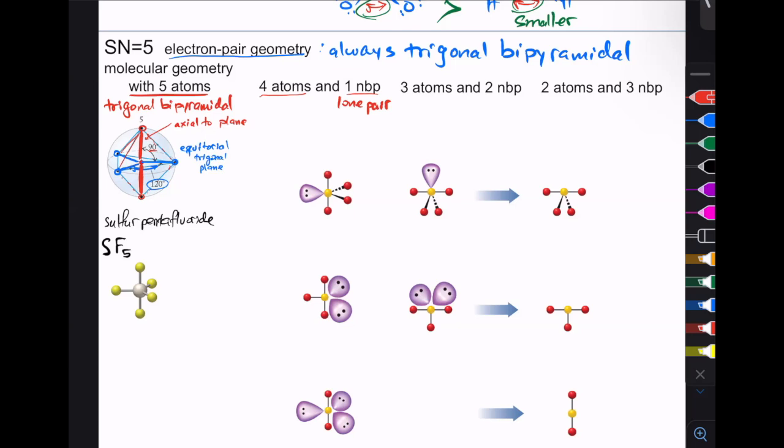And we're going to place this one lone pair somewhere in these 5 positions that it has the most space to breathe. And if you look at the bond angles, that's going to be one of the three equatorial positions. If you have one lone pair, it's always going to go in an equatorial position because that has the most space away from where all the other negative charges are.